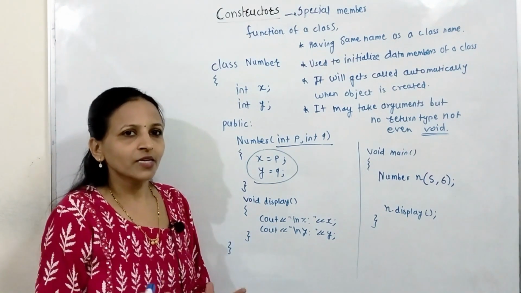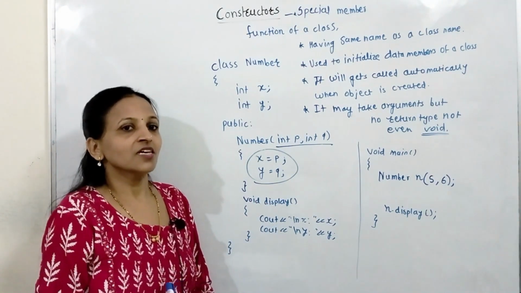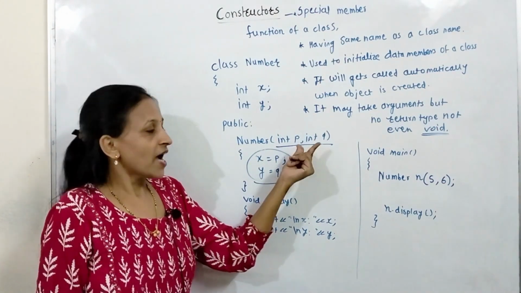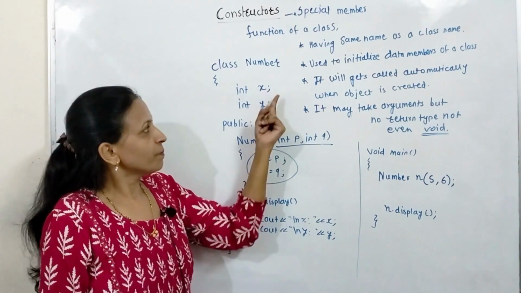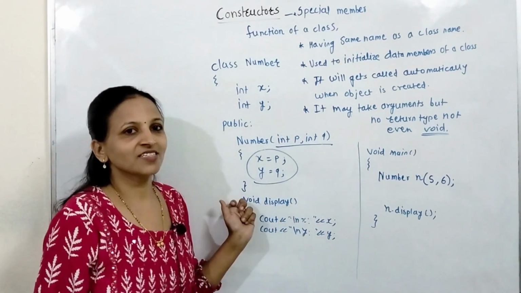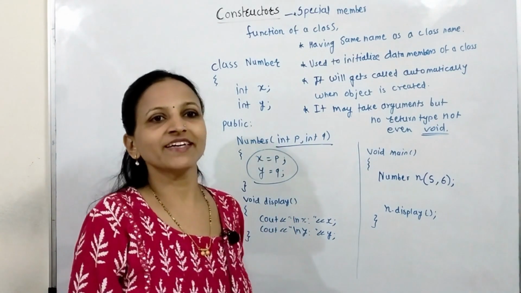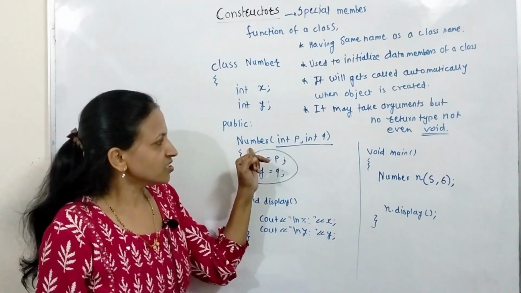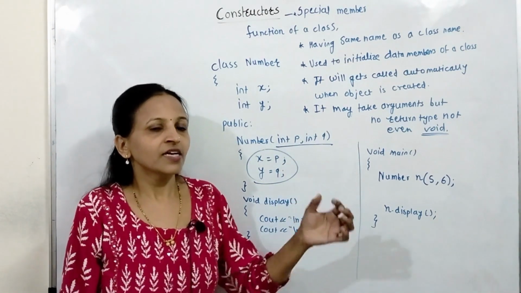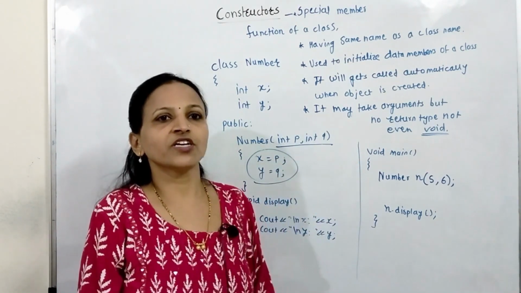Now there are multiple types of constructors. Here I have passed arguments to this constructor, and those arguments are of a basic, primitive data type. This type of constructor is nothing but a parameterized constructor. If a constructor is not taking any argument, if this parenthesis is blank, then that is called a default constructor.